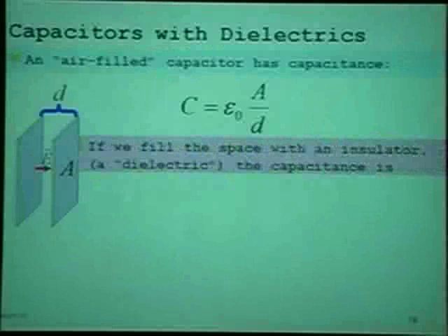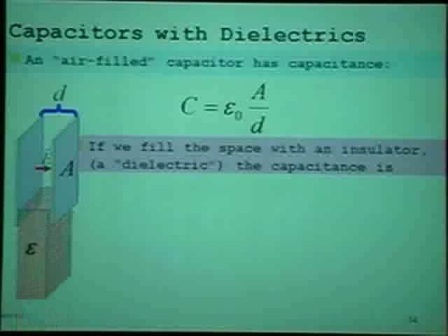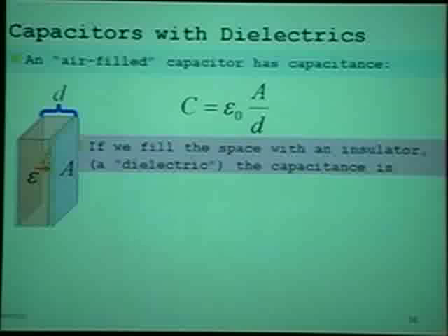But if I put an insulator between the plates, it would allow me to put more charge on the plates given a certain voltage, because I would ensure a little better that the plates would not discharge between the two of them. In other words, by putting an insulator in there, I increase its capacitance, its ability to hold charge given a certain voltage.